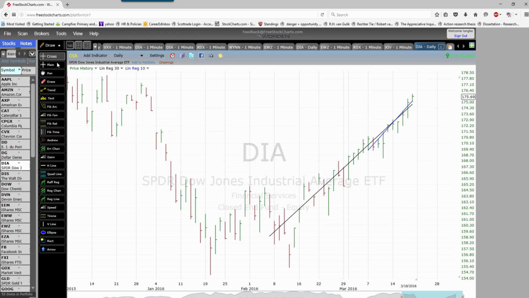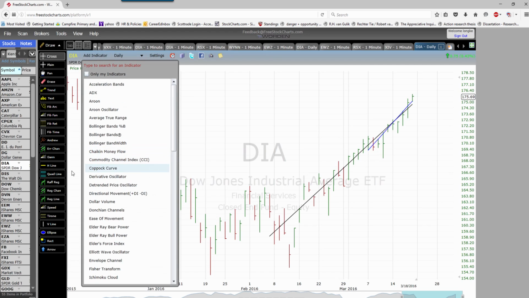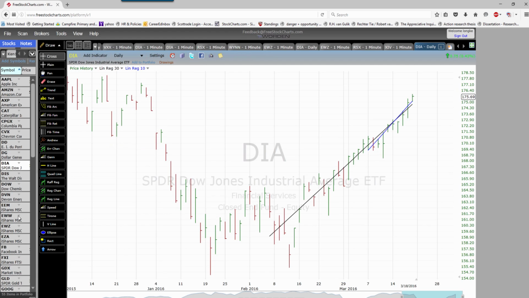Now, if I add a trend line, what I want you to see is that if 10 days ago price had turned this way and it went down as far as it went up, the 10-period regression line would look very much like the line that I've just drawn. The 30-period regression line would still be mostly up.